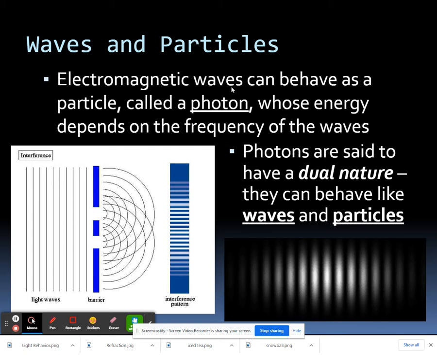An electromagnetic wave behaves simultaneously as a particle, like an actual bit of matter, and as a wave at the same time. The particle portion is called a photon. It's the only thing we know that has this dual nature.